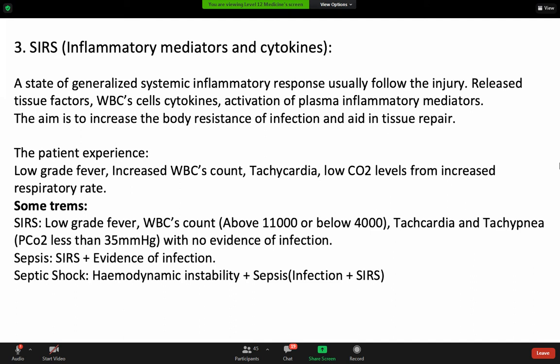If the patient has septic shock, that means the patient has sepsis, but this sepsis will end up with hemodynamic instability. Is that clear? So SIRS is a normal reaction after any injury or trauma. What is not normal is if you have infection. Infection doesn't mean SIRS. Infection means there is something more than SIRS, right?